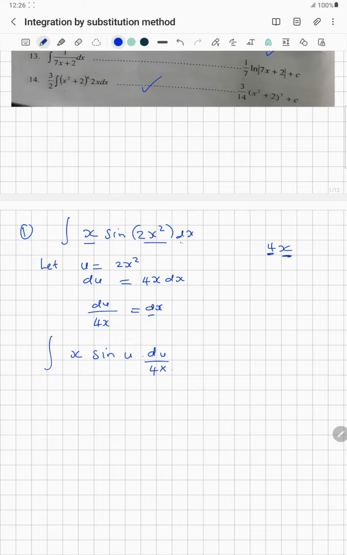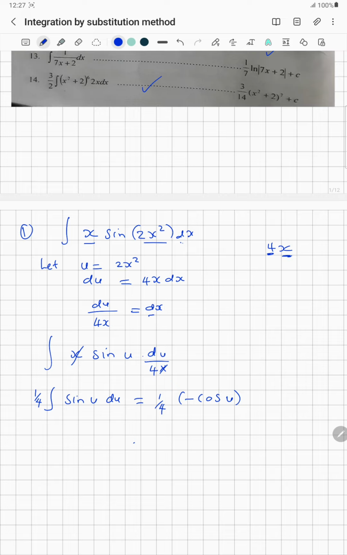Now this will simplify, x and x will cancel, so we are integrating sine of u with respect to u, which we all know. The integration of sine is minus cosine, so this will be a quarter times minus cos u.